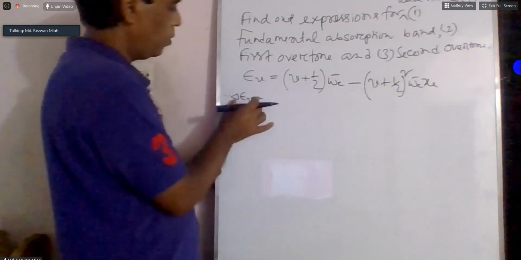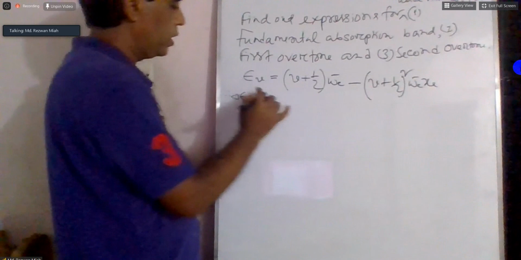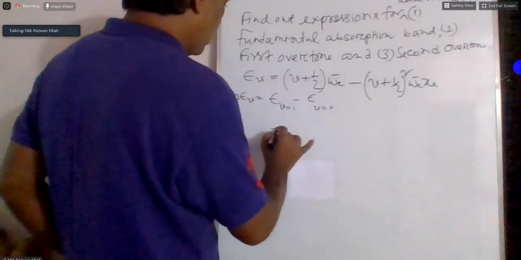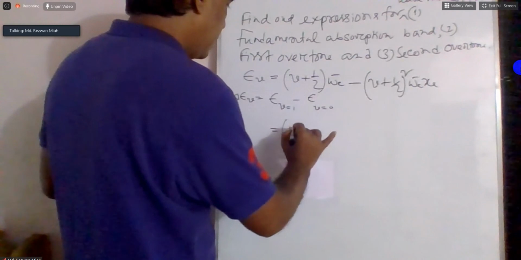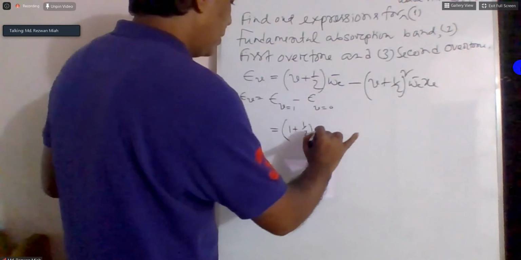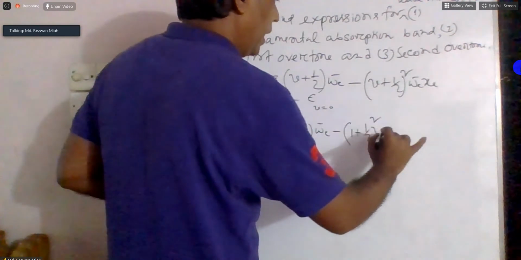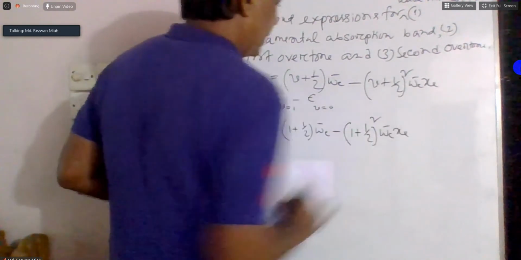So when absorption is nu equal to 1 minus nu equal to 0, put the values. Nu equal to 1: plus half omega e bar minus nu plus half whole square omega e x e.